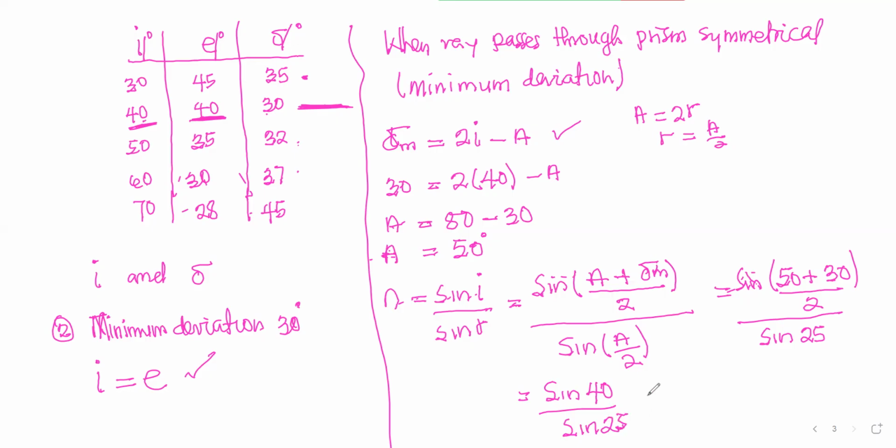At this point, please, nobody should rush to cancel sine, because sine is not multiplying 40. Sine 40 is an identity. So don't be tempted to cancel sine. So input sine 40 divided by sine 25. And this must give you 1.52 to be the refractive index of the material.